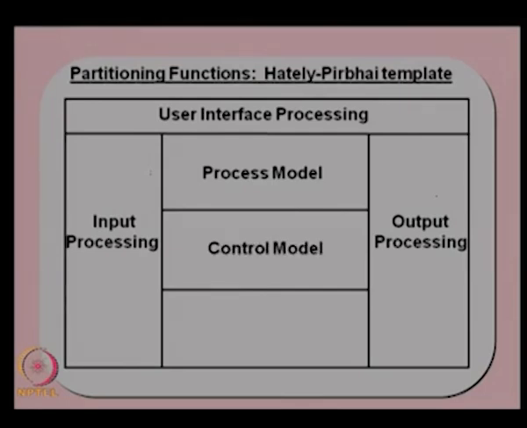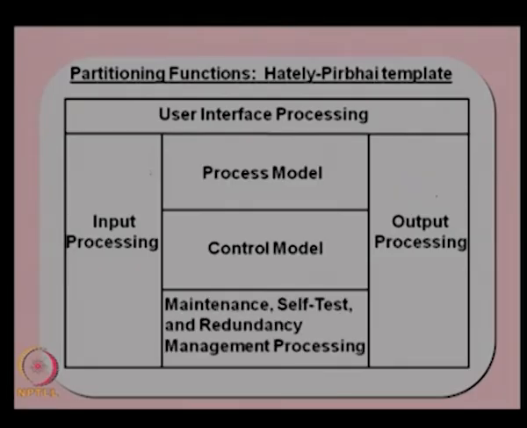How do we control the conversion of this input to the output? That is the control model, and finally we need maintenance, self test or redundancy management within the system. Every function needs to be checked for its consistency or proper functioning, or maintenance of the functionality. So, that also needs to be there in that particular function.